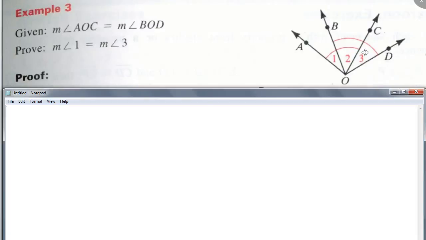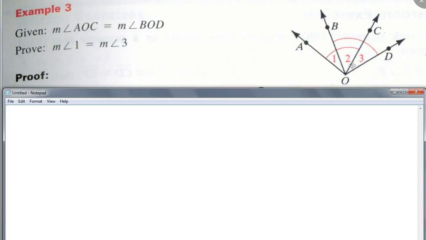A lot of you have great ideas. Would anybody want to share why they think angle 1 and 3 should be congruent? Just explain it. It's not a proof.